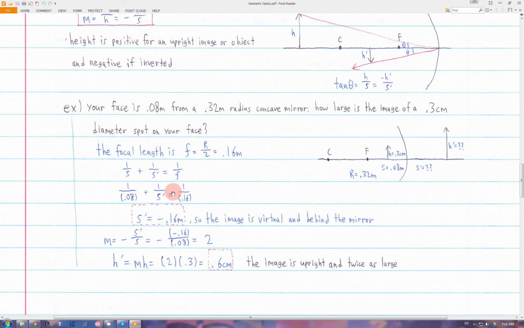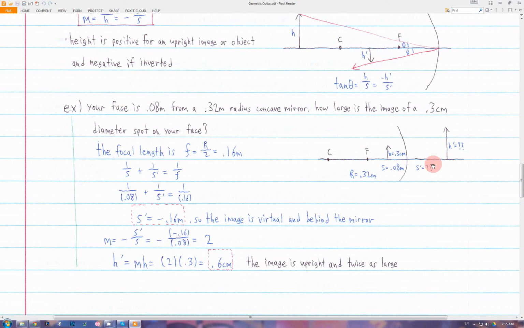Plugging into the mirror equation, we solve for S prime, which is negative 0.16 meters. So again, when the object is in front of the focal point of a concave mirror, the image is a virtual image behind the mirror. Then we can solve for the magnification, which is negative S prime over S, which is 2. So the image height is the object height times 2, or 0.6 centimeters. So the image is upright, twice as large, and virtual, behind the mirror.